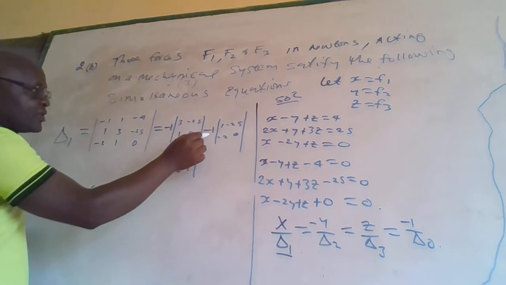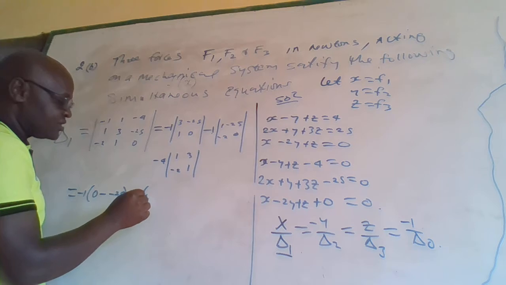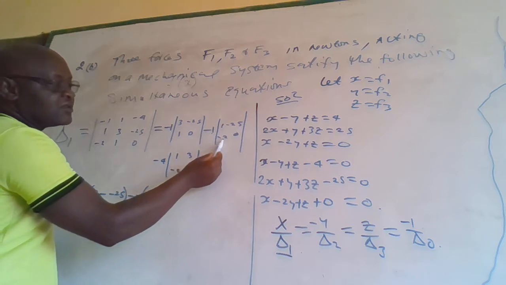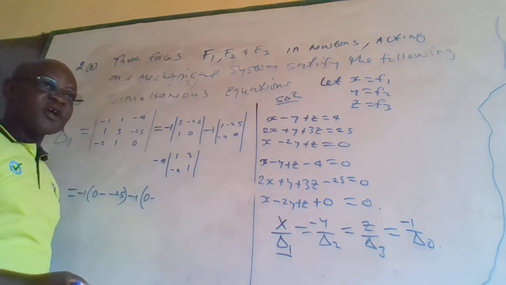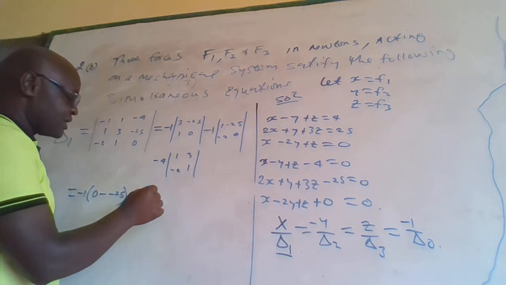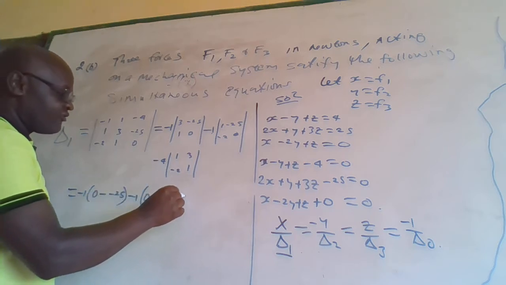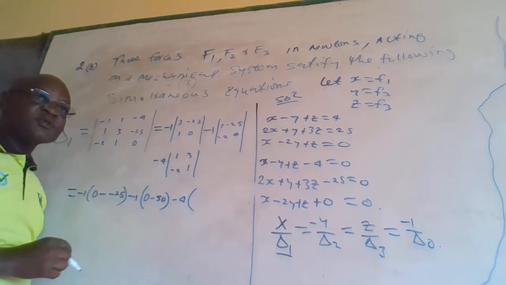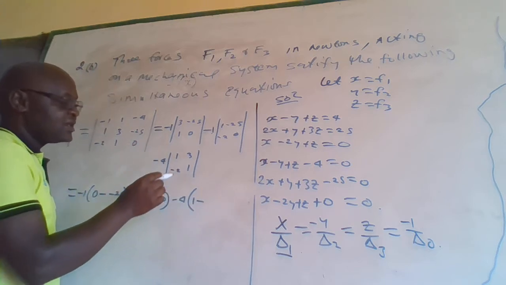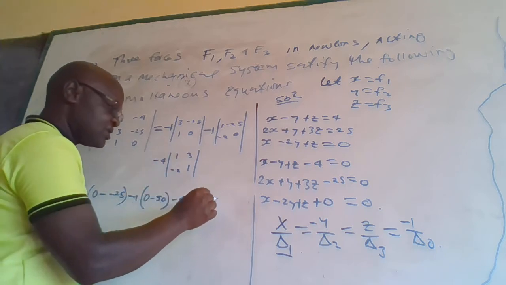Then here, negative 1 into 0 times 1, we have 0. Then minus negative 2 times negative 25, we get positive 50, so it will be minus 50. Then here, negative 4 into 1 times 1, we have 1. Then minus negative 2 times 3, we have negative 6.